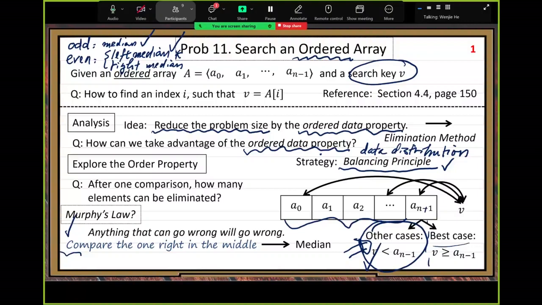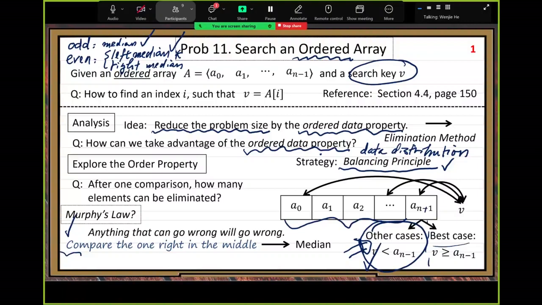If the data distribution is unbalanced, one subarray is relatively small and another subarray is much larger, the size difference is very big, that kind of data split usually corresponds to poor performance for your algorithm.